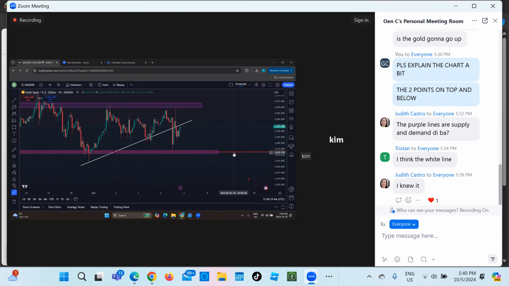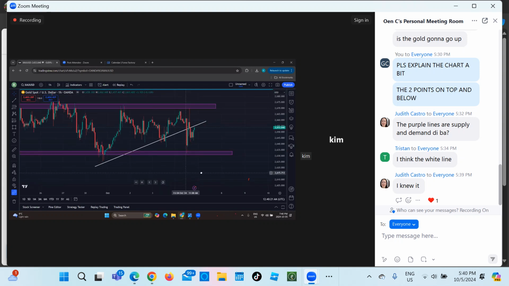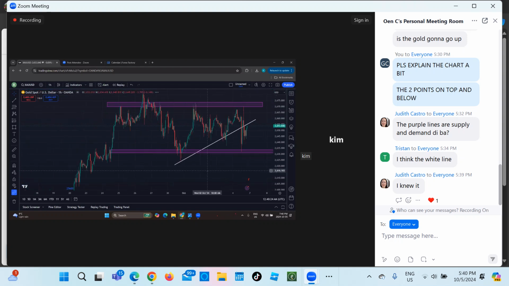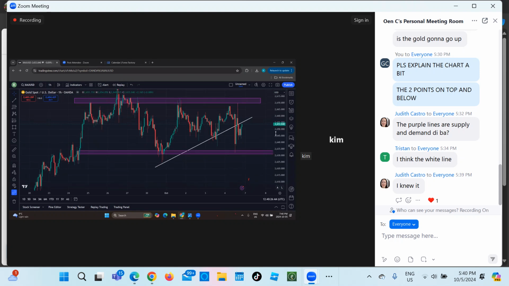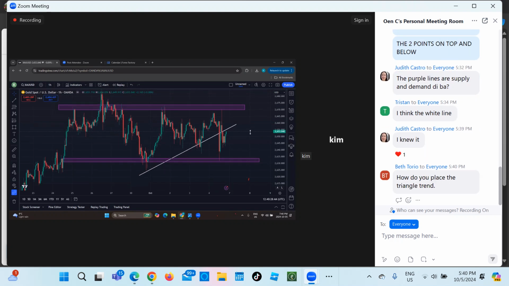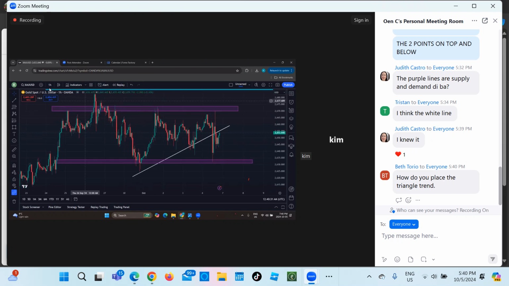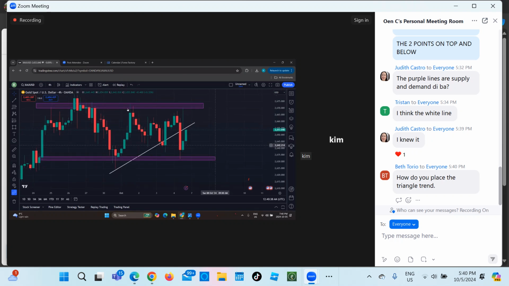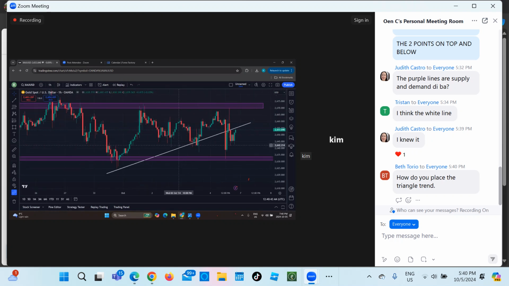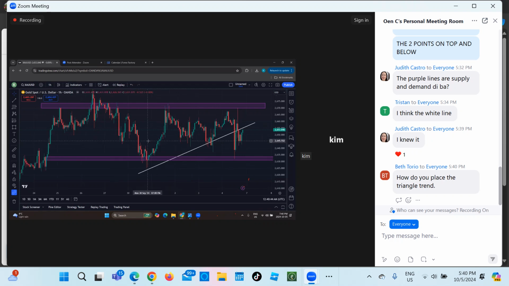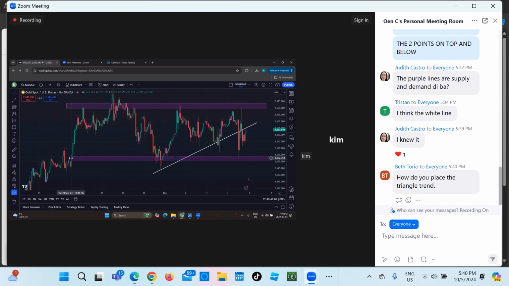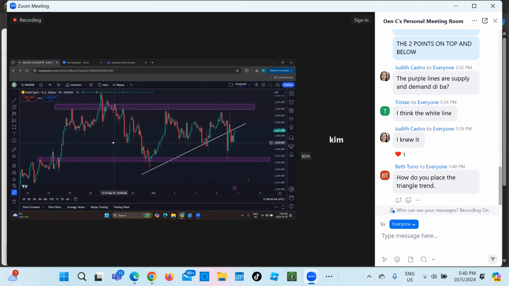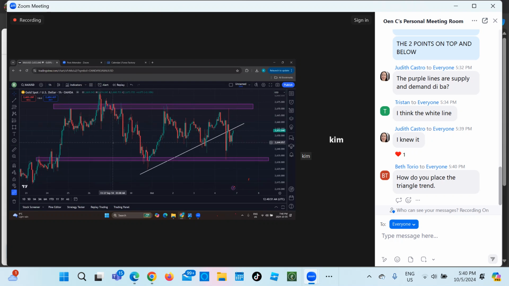Just like that. Yung iba, they prefer 1 hour and they prefer 4 hours. I prefer 1 hour because I can see the market a little bit more.